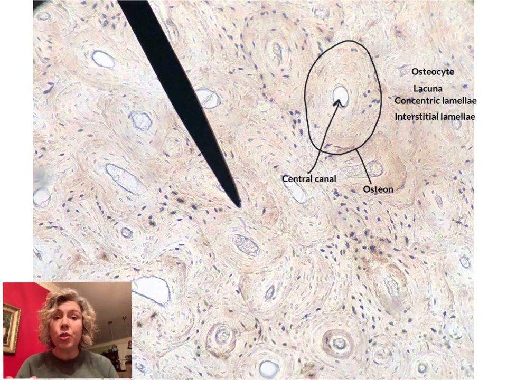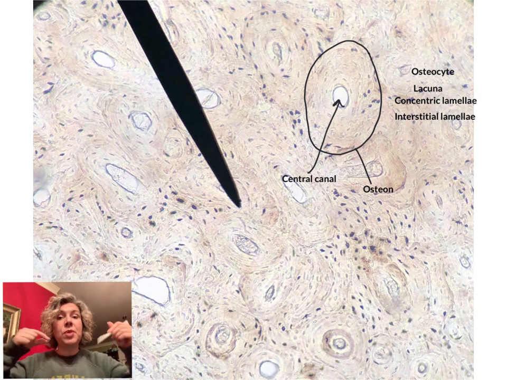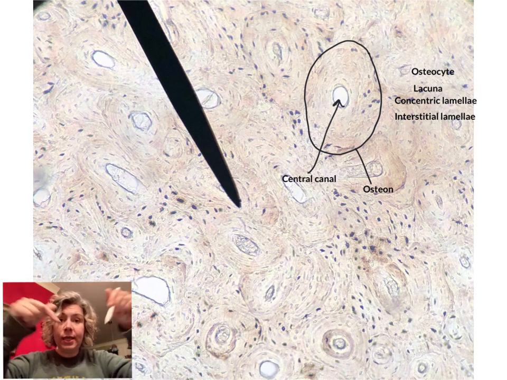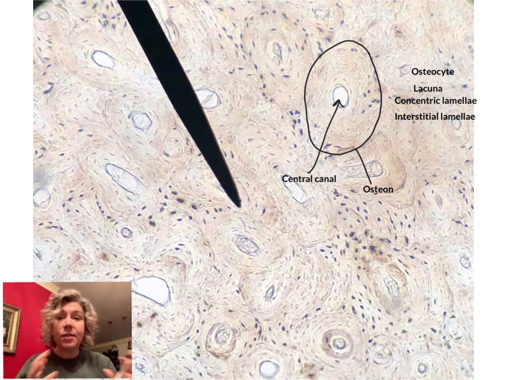So this is where the nutrients are coming from. We're going to get oxygen, vitamins, minerals, all coming from those blood vessels running through the central canal. So the osteoblasts position themselves in a ring around that central canal because it's the closest to the blood supply. So that's actually how we're going to end up with this tree ring like structure of an osteon.